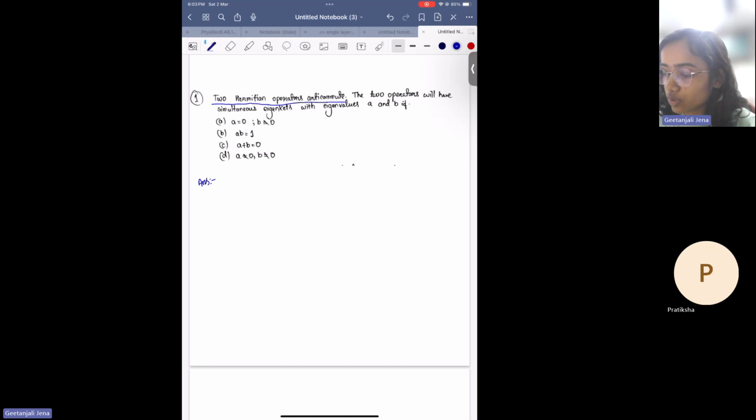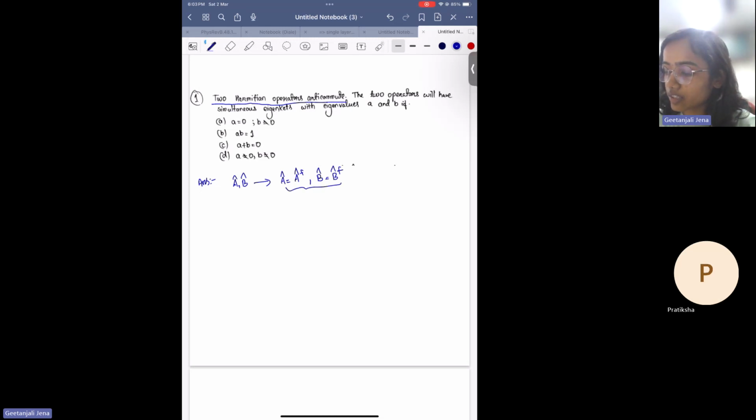Let's say we take two operators A and B, and it is given that these are Hermitian operators. That means A is A dagger and B is B dagger. One of the properties of Hermitian operators is that their eigenvalues are real.